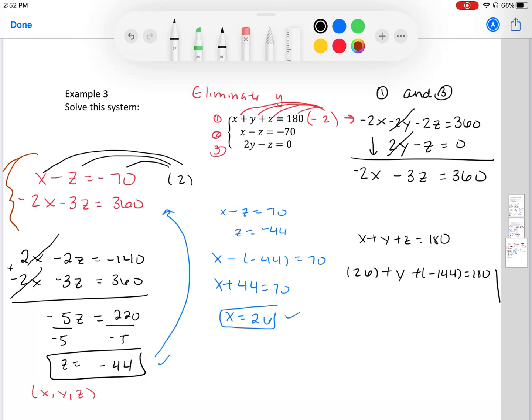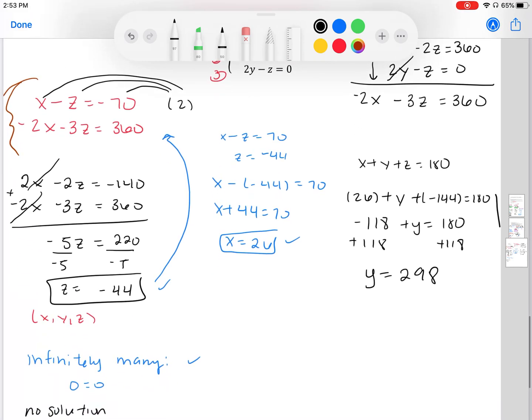Okay, so I have negative 44 plus 26. That gives us negative 18 plus y, we get 180. Let's add 18. And we're left with y is equal to 180 plus 18. You get 198.